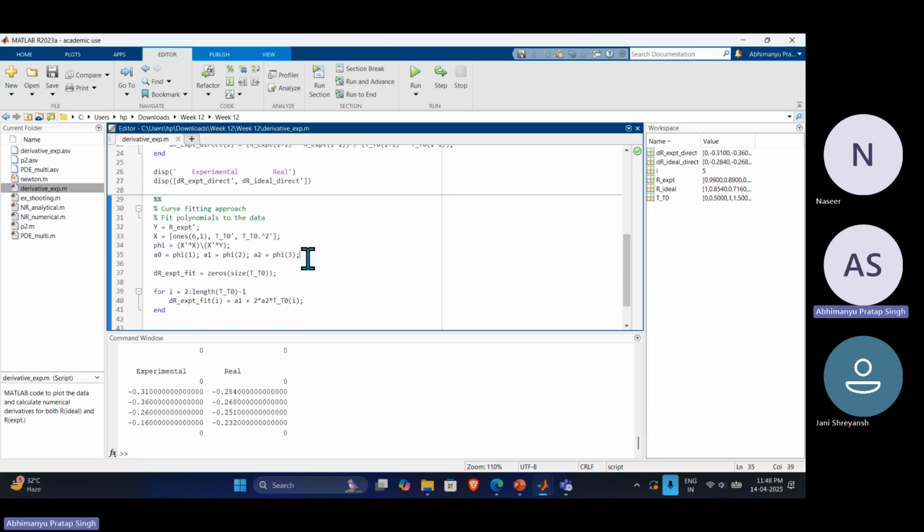Yeah. So let us also plot this. Plotting T by T naught with respect to our fit.